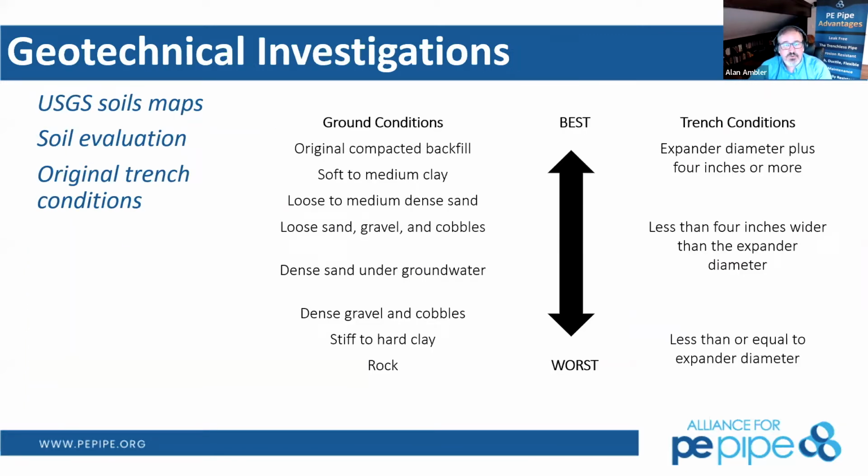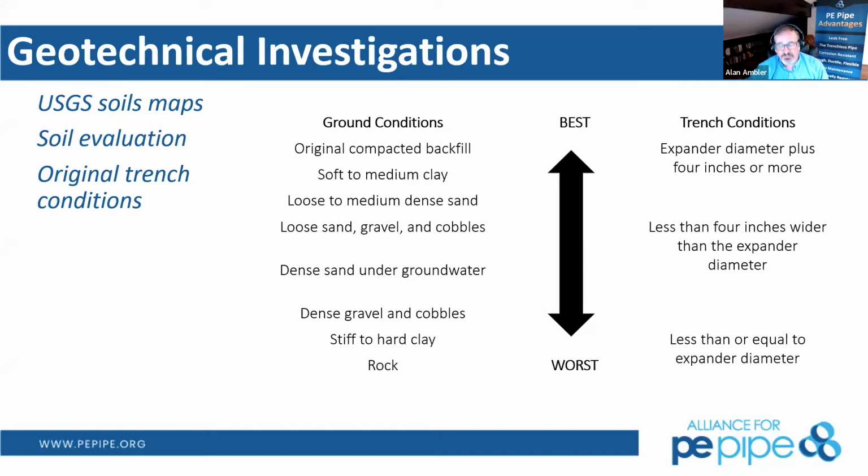Geotechnical investigations, what we're looking at is two things. We're looking at the ground conditions, whether or not we put backfill material within that excavation when we first installed the pipe. And then we're also looking at the trench condition. So if we have, say, the worst case scenario where we're digging out a rock trench and we have just barely beyond the OD of that existing pipeline for the actual trench itself, we're not going to be able to put that expander head or displace much soil in a rock trench condition.